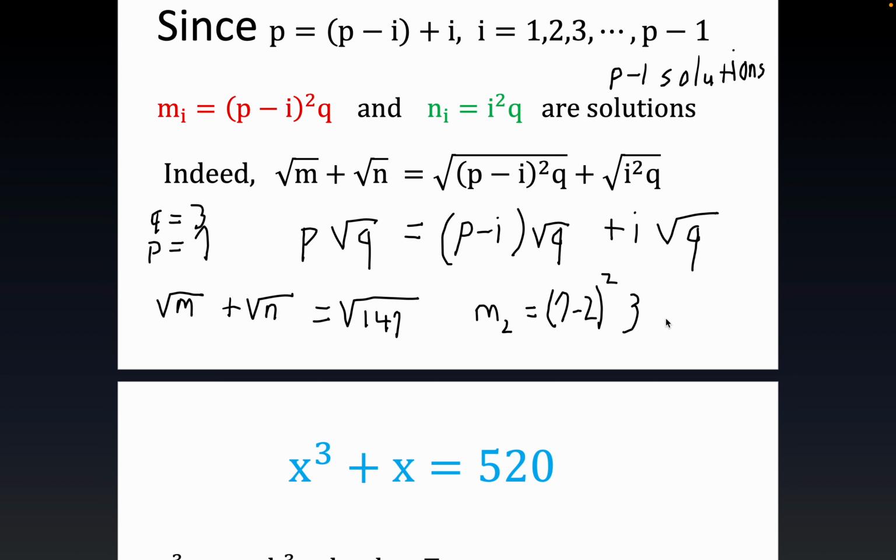And this is 25, that's equal to 75. Okay. Now let's come down here and do n sub 2. Is just equal to 2 squared times 3, which is 12.